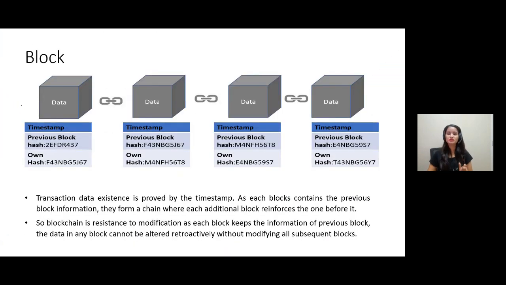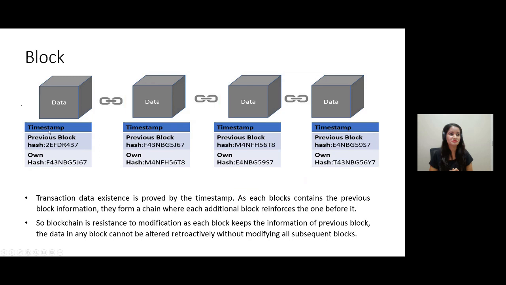Another term you will hear a lot in the blockchain is the block, the smallest unit of data storage. The blockchain is a chain of blocks. Each block consists of the cryptographic hash of the earlier block, a timestamp, and the transaction data.